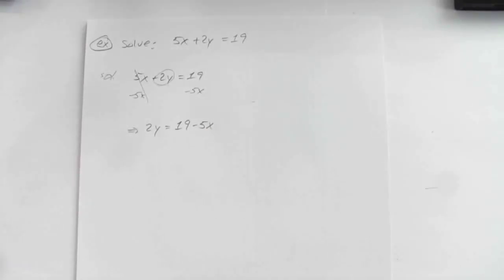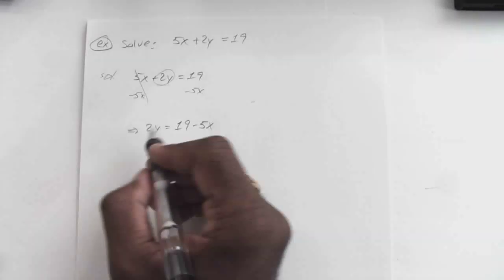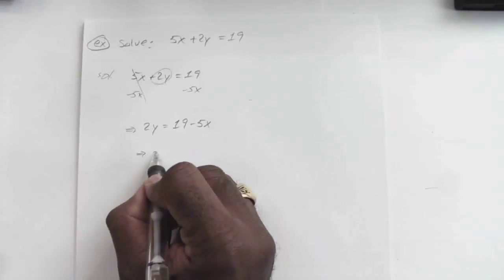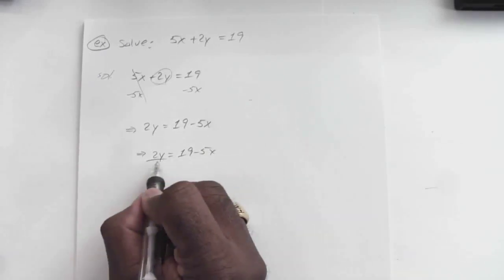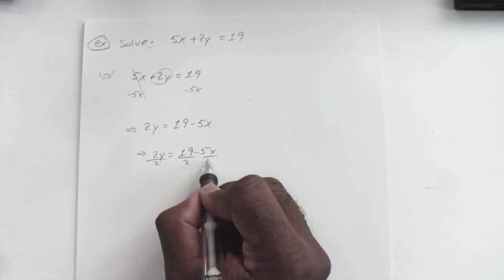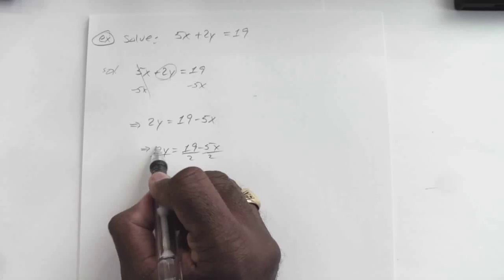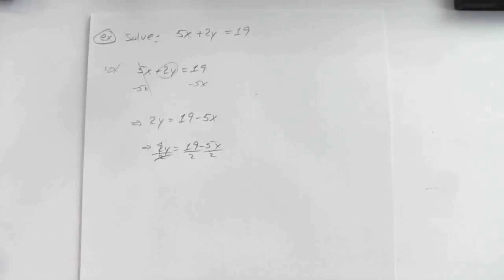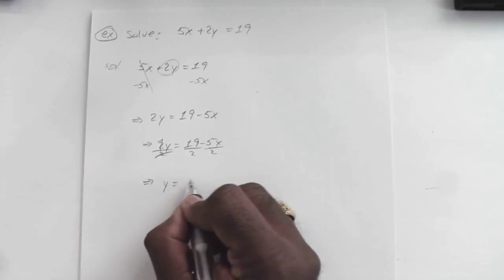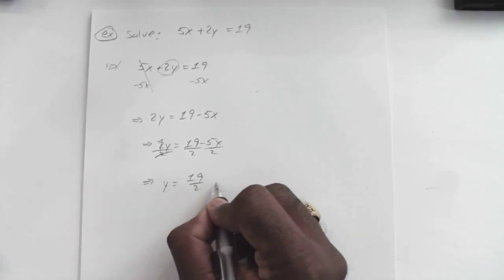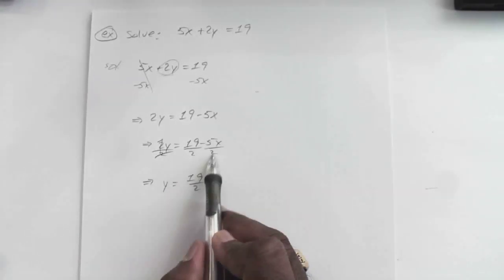And just like before, now we divide everything by 2. And anything divided by itself is just 1. So that leaves us with y equals 19 over 2 minus that 5 over 2.